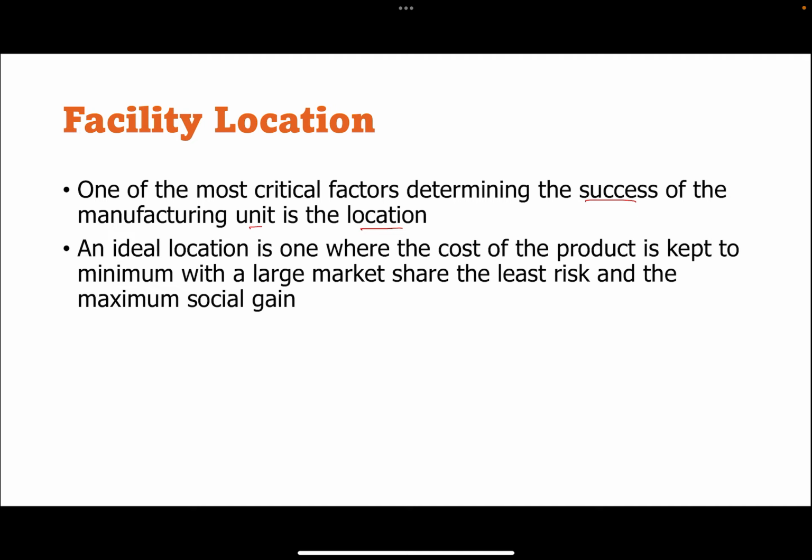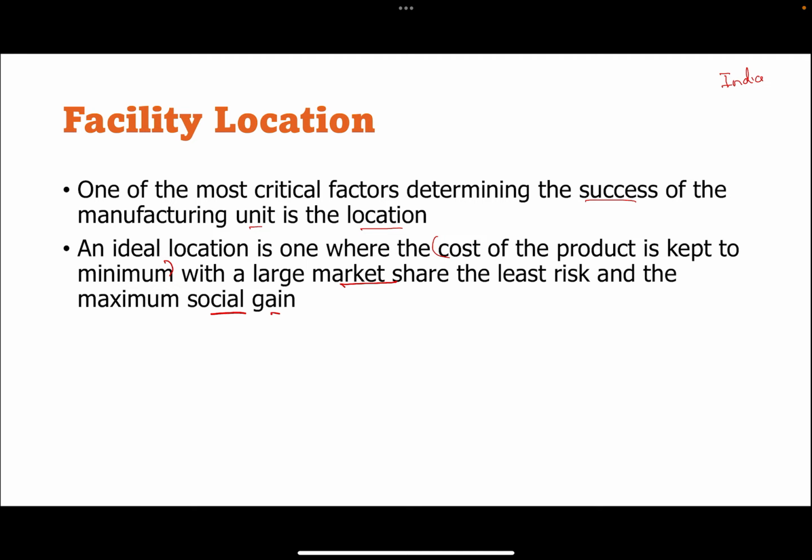So, an ideal location is one where the cost of the product is kept to a minimum with a large market share, with the least risk and maximum social gain. Now, let us understand why Apple has chosen India and China. You can see that in India and China, they can avail the workforce at a very low cost.